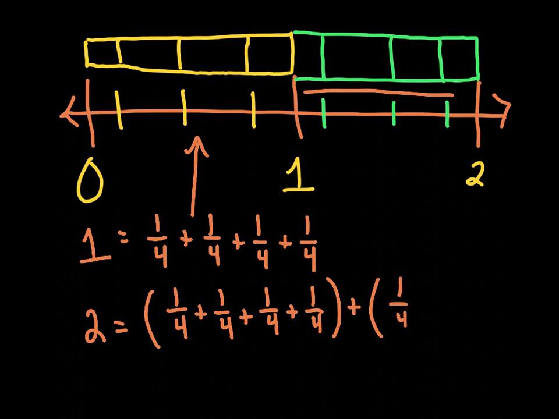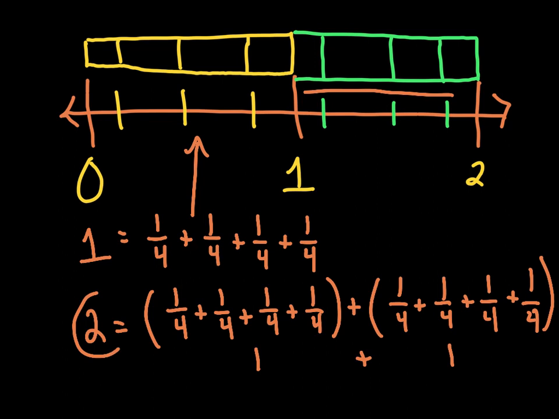So 1/4 plus 1/4 plus 1/4 and another 4th gives us another whole. So 1 whole plus another whole gives us 2 wholes, because this would really represent 4/4, which is equal to 1 whole. So that's how we got 2 wholes.